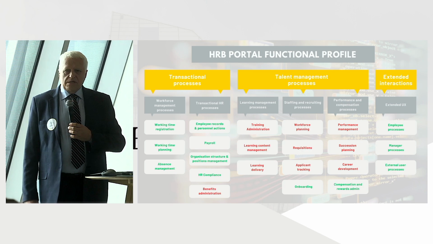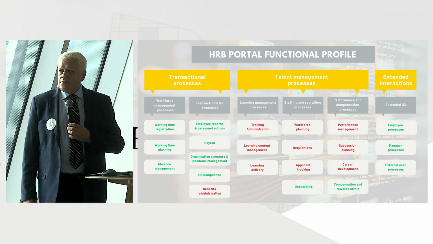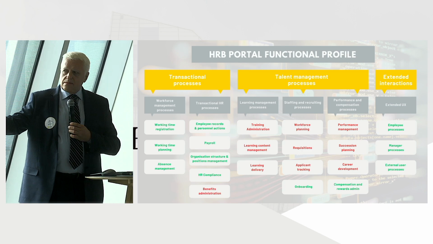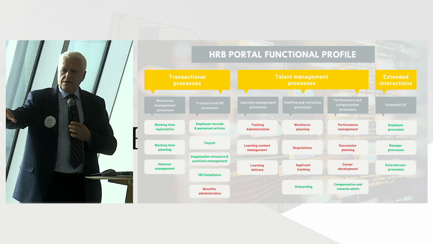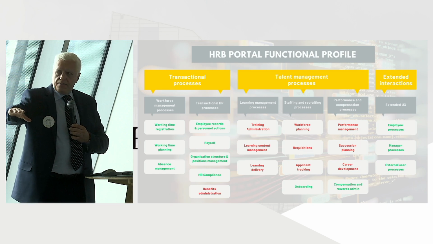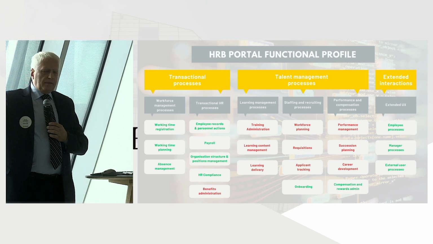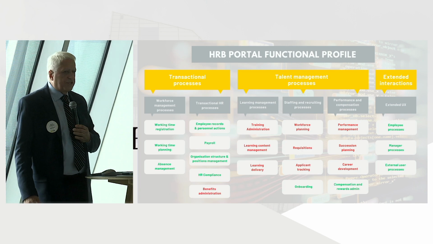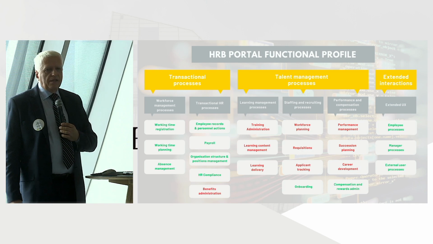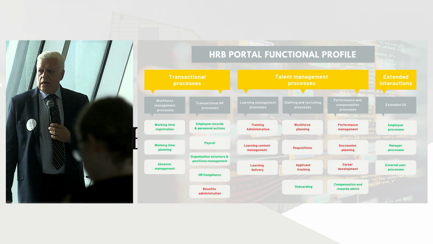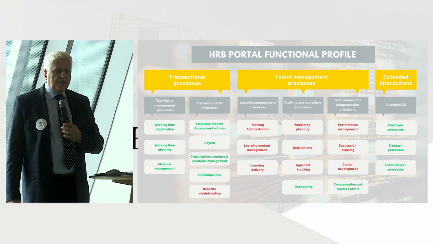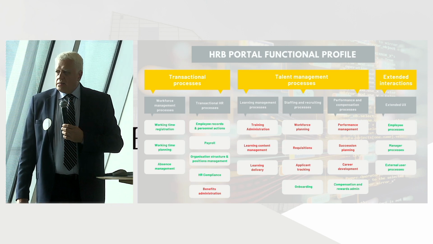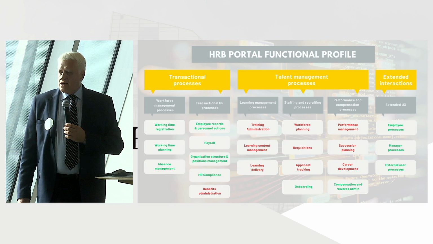A typical HR application, I would remind, has three main functionality types: transactional processes, talent management processes, and extended interaction processes, involving different kinds of non-professional users, like employees, managers, and even external users, as participants of HR management processes. So we still keep the same profile as previously.